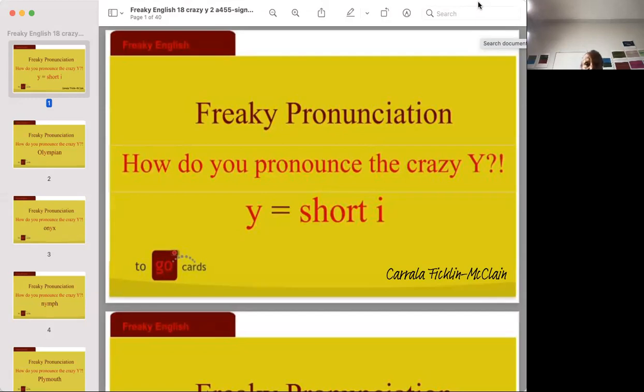It's not as freaky as the U. It's definitely not as freaky as the Y, but the I also has its complications, complexities. So let's look at the crazy Y, but when it's pronounced like the short I, not the long I.